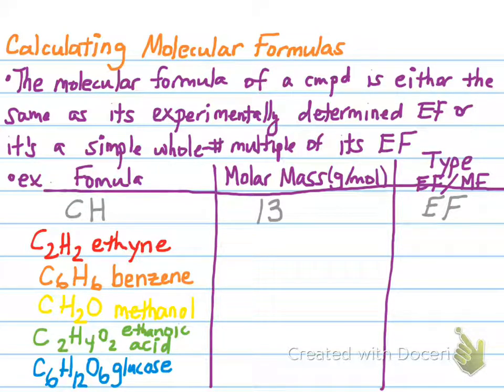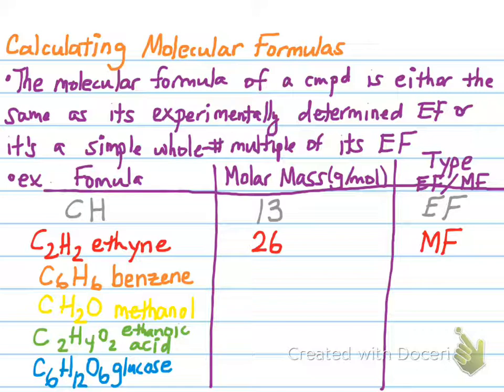For ethyne, 2 times 12 plus 2 makes a molar mass of 26 grams per mole. And this is a molecular formula because 2 to 2 is not the lowest whole number ratio. Let me give you a little preview, something to notice.